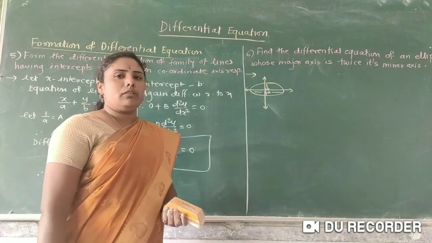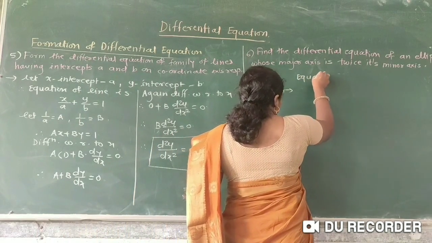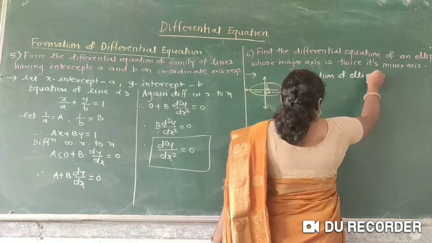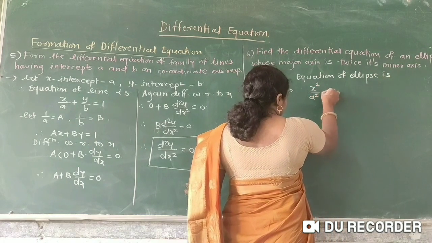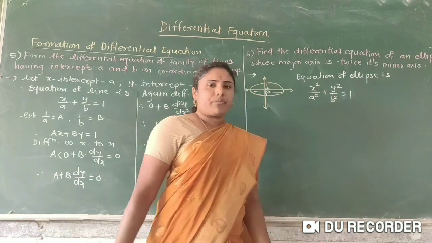Then we know the equation of the ellipse is x square upon a square plus y square upon b square is equal to 1.